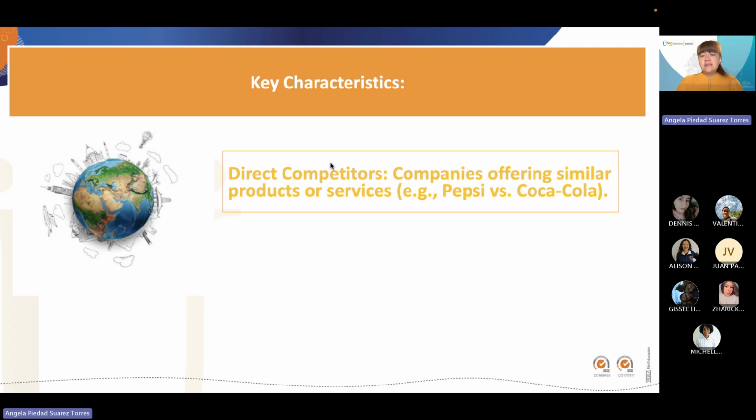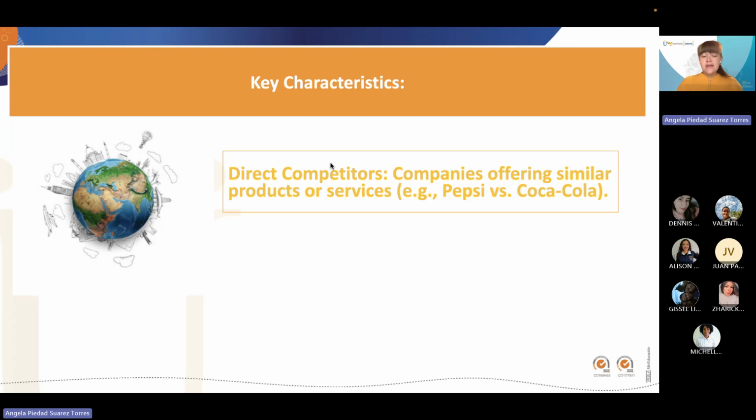An example is Pepsi versus Coca-Cola, which are sodas with almost the same characteristics. So those are direct competitors. In the case of, for example, mobile phones, we have different companies.